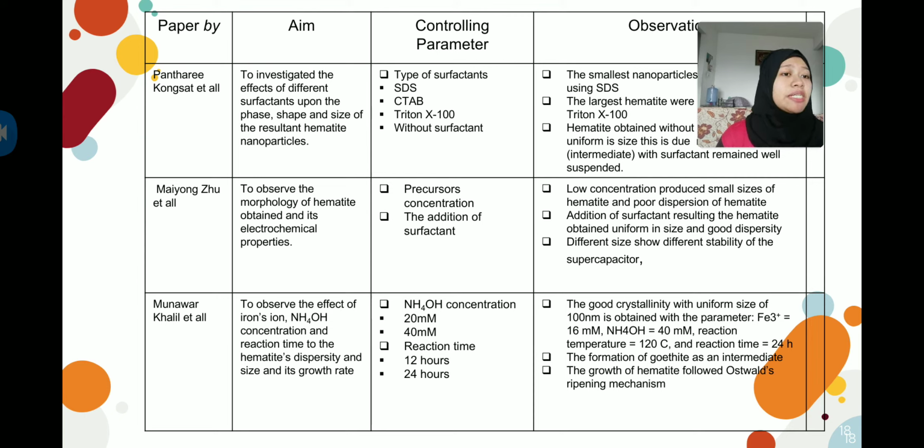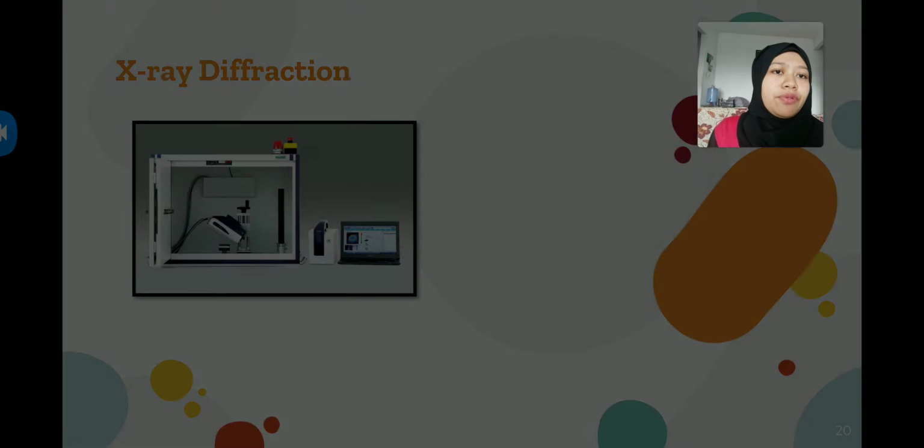The formation of the hematite starts with the formation of goethite as an intermediate. This is because no surfactant is used here, so the growth of hematite follows the Ostwald ripening mechanism. We consider the growth to be random.